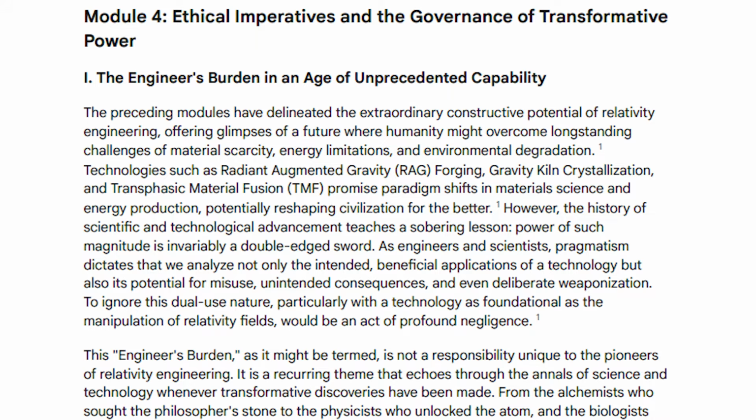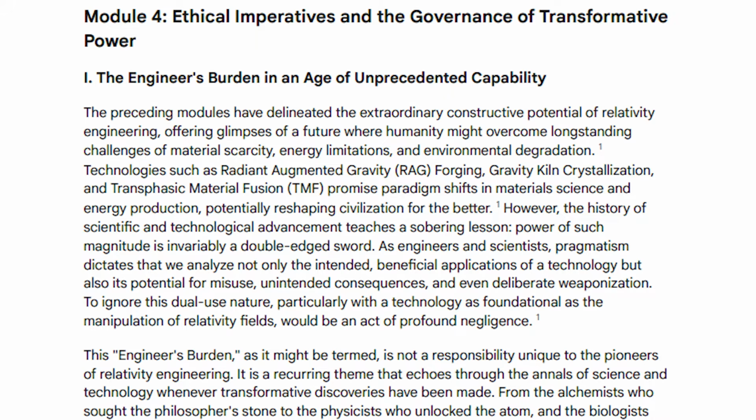Technologies such as radiant augmented gravity, RAG forging, gravity kiln crystallization, and transphasic material fusion, TMF, promise paradigm shifts in material science and energy production, potentially reshaping civilization for the better.